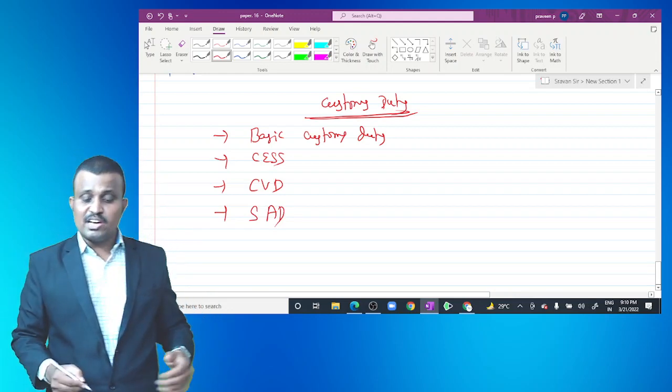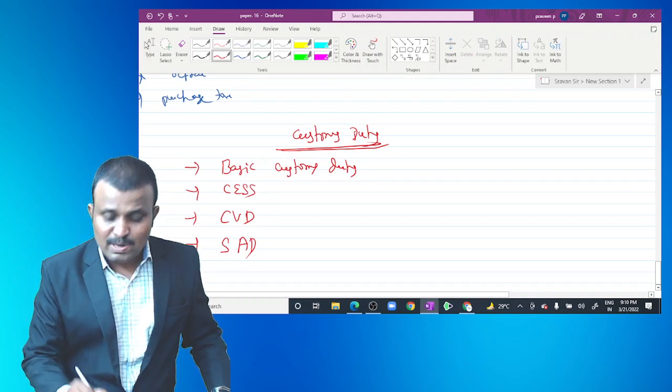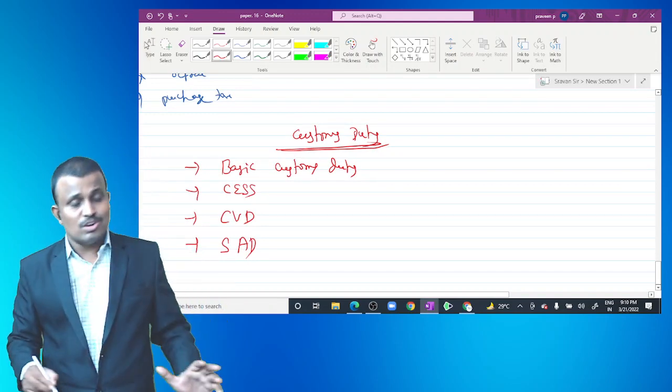So here, what is meant by countervailing duty and special countervailing duty?